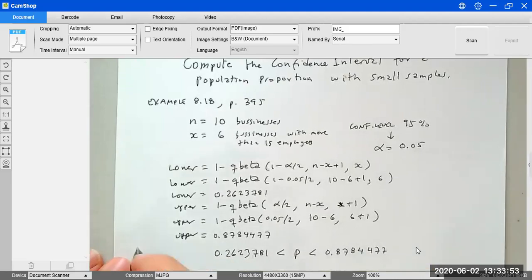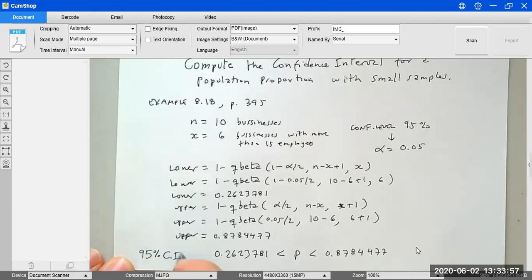So this is going to be our 95% confidence interval.